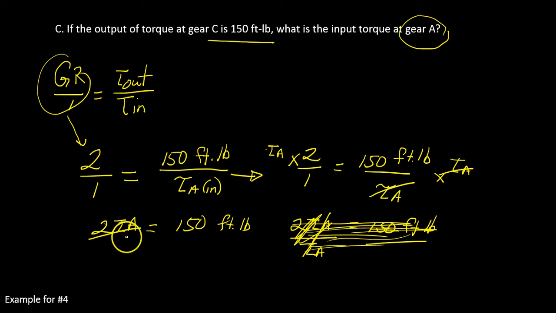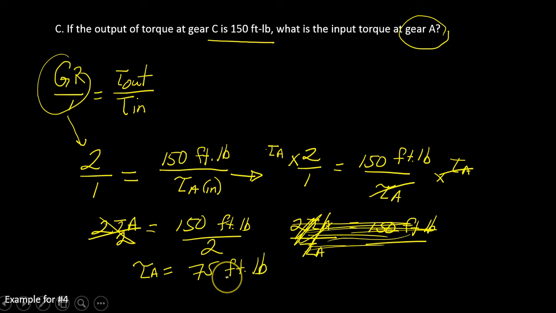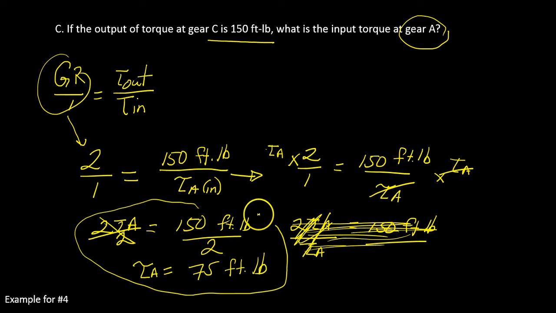What we're going to do to get TA by itself is divide by 2 on both sides. This cancels out. And now we have TA all by itself. And that leaves, when we do this division, 75 foot-pounds. Okay, so there's your answer. I'm sorry about my little brain mishap here.